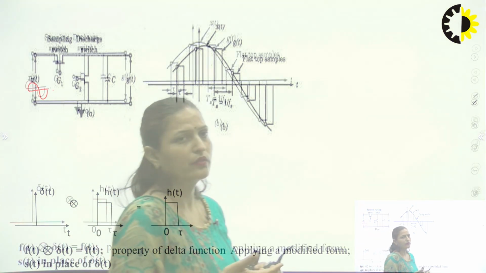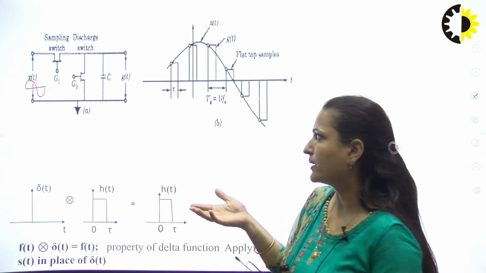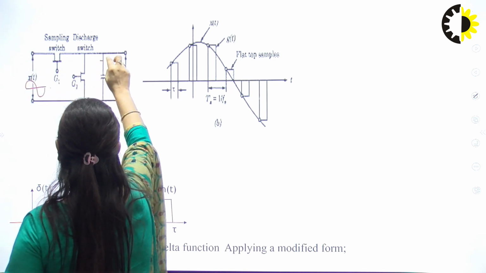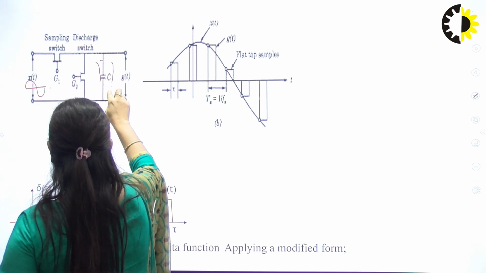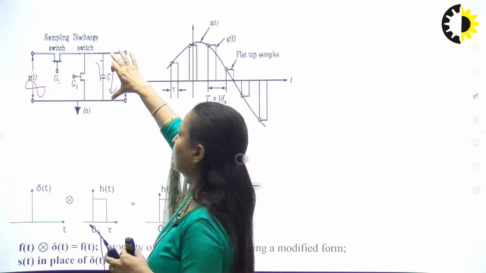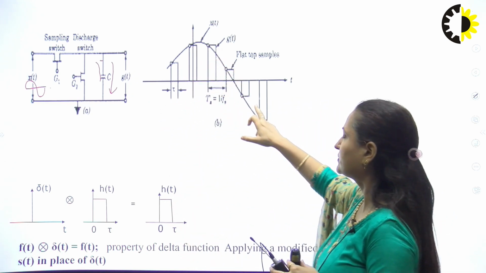G1 will be on for the time duration for which we want the signal at the output side. If this switch G1 is on, it means the same signal comes here and it will charge the capacitor up to the maximum value of your message signal, and the output will be as per the voltage across C. So this waveform will come here.